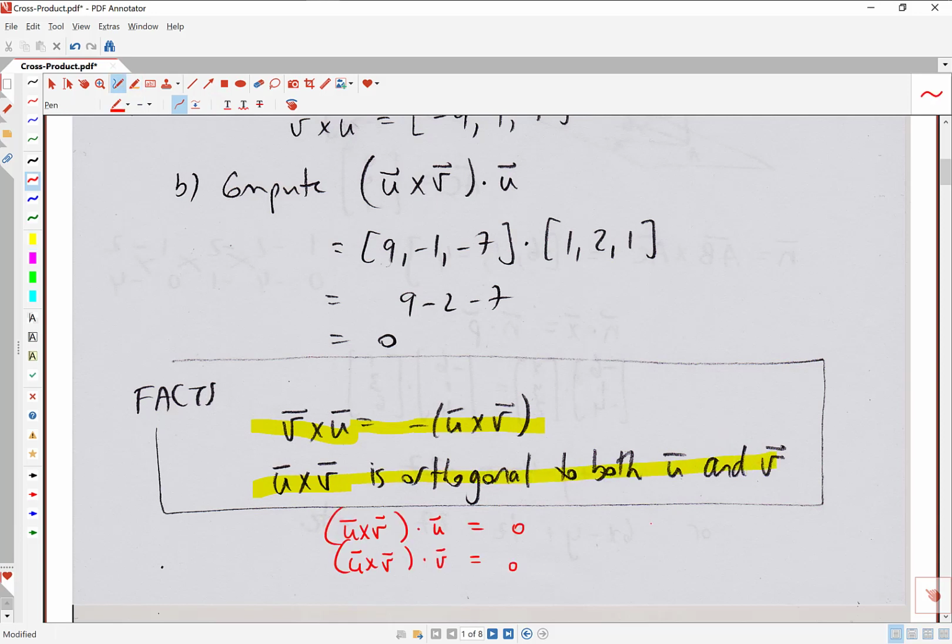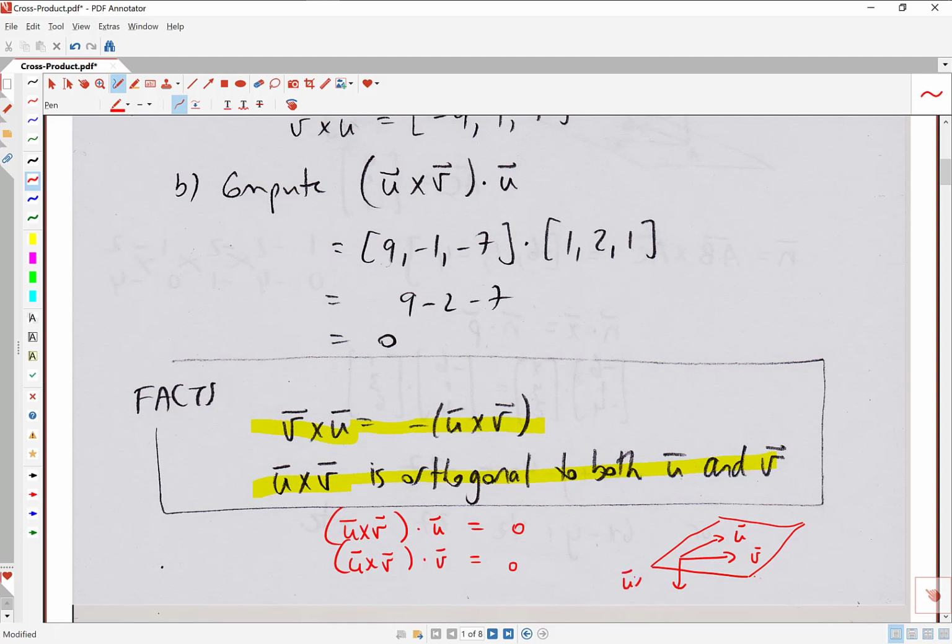Geometrically, what this is saying is that if you've got two vectors, U and V, positioned like this, then your cross product is going to be perpendicular to these two vectors. So if you think about U and V as lying in a plane, that tells you that your cross product is either going to be pointing straight up out of that plane, or straight down below that plane.